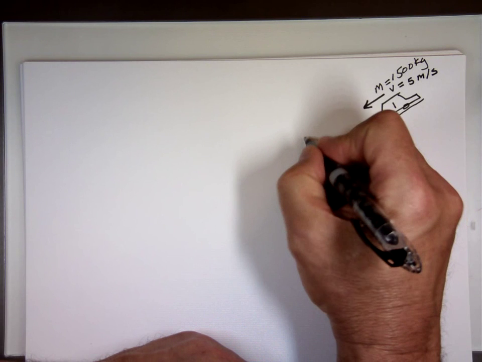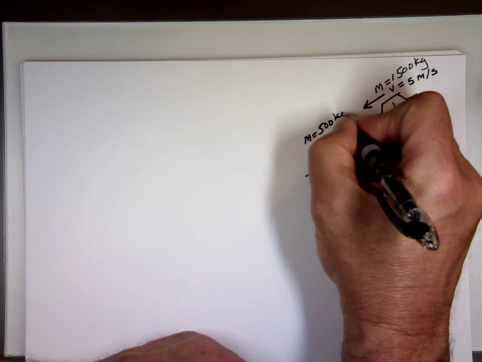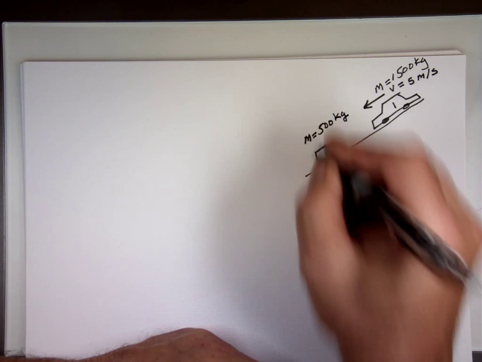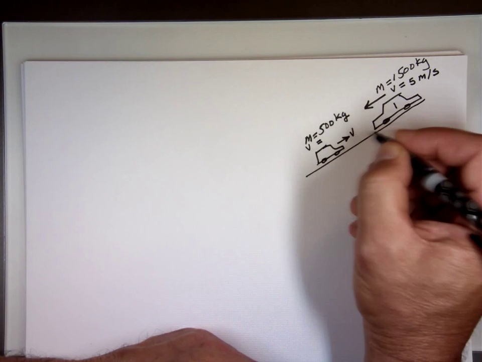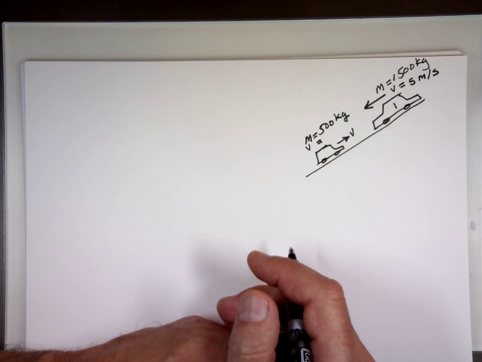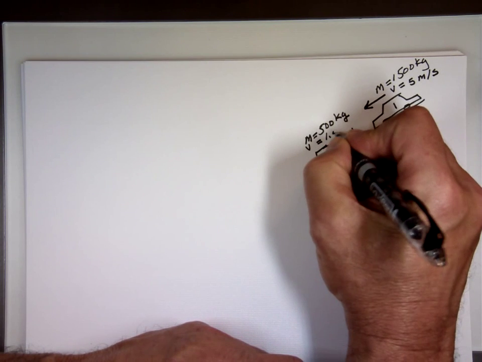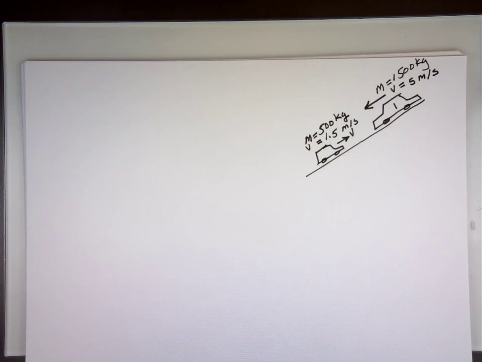They don't weigh that much, maybe 500 kilograms. And it's moving in this direction, at a speed of 1.5 meters per second to the right. He's rolling forward, I'm moving backward, we hit each other, and somehow the bumpers got stuck together. So this is the before.